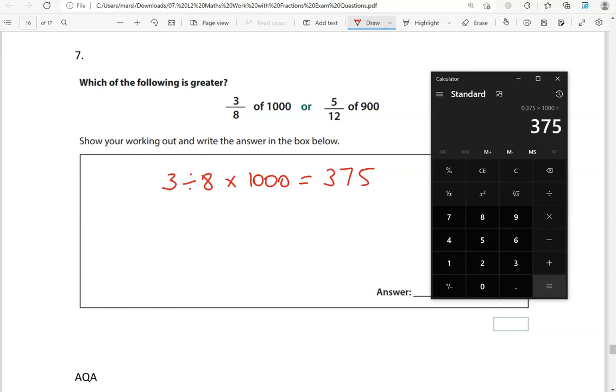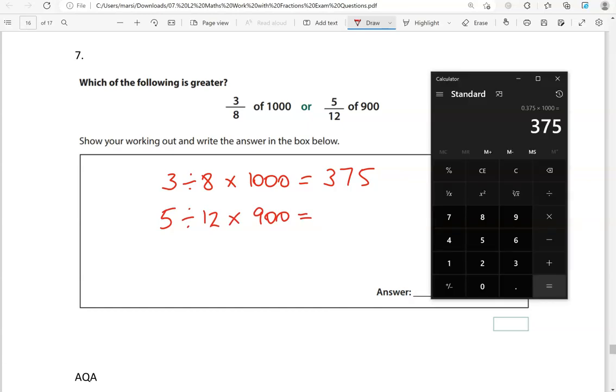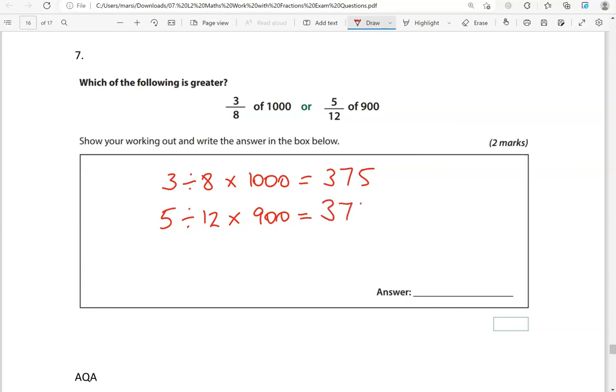And we've got 5/12 of 900, so 5 divided by 12 times 900. That is 375 as well. So they are the same, they're equal.